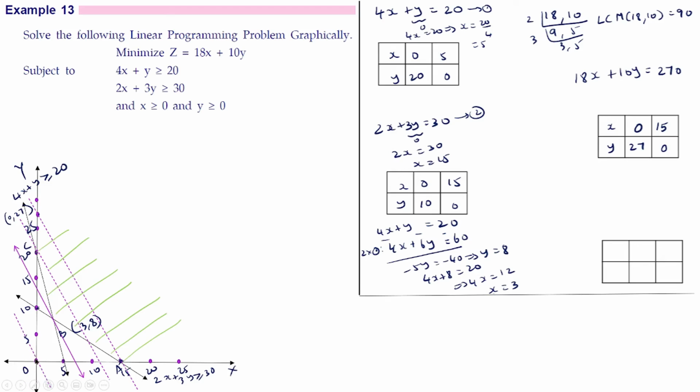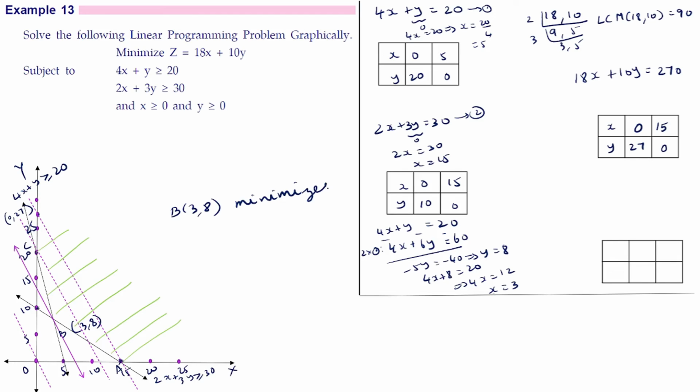That is, it is closest to the line z is equal to 0. So this is the line z is equal to 0. So it is this line which is closest to the origin and it passes through the point B which is 3, 8. So the corner point B will minimize z. B 3, 8 minimizes z.